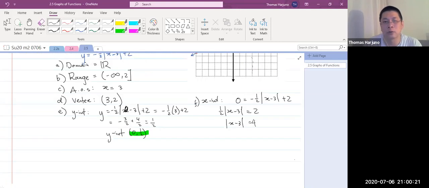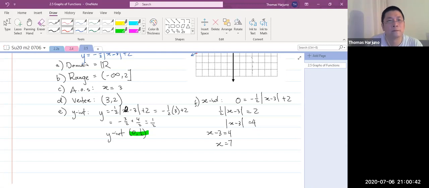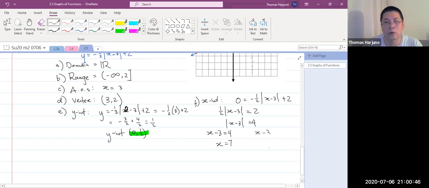Now I have the absolute value isolated. Either x minus 3 equals 7, so x equals 10, or x minus 3 equals -4, so x equals -1.